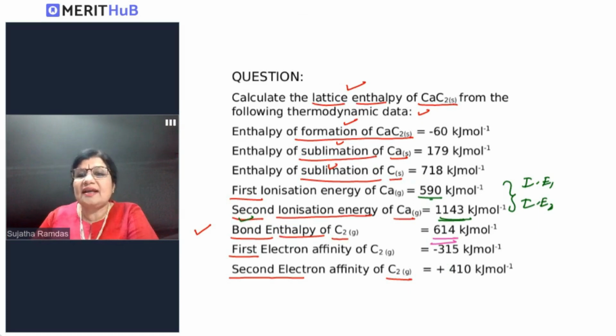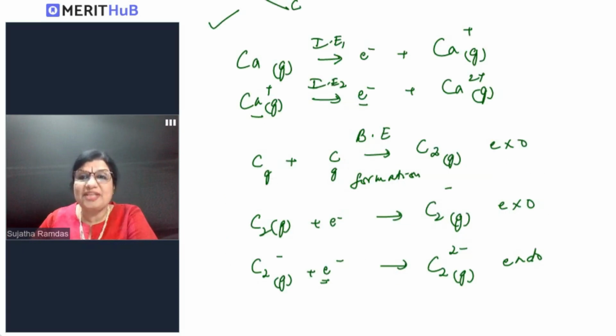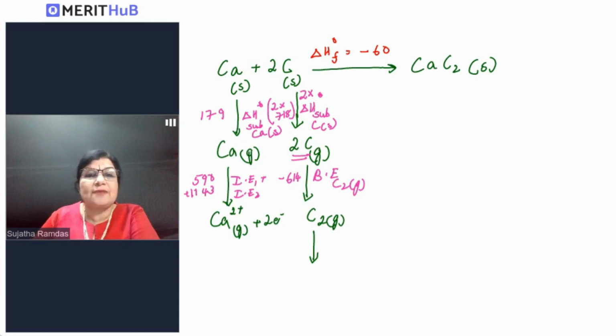This is EA1, the first electron affinity, which is exothermic, and the second electron affinity, which is endothermic. All right. So you have EA1 and EA2. So these are the two equations involved in the formation of C2 2 minus gaseous. Where do those two electrons come from?